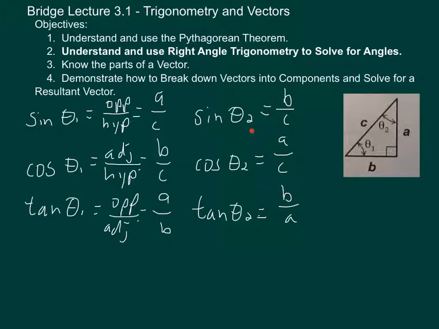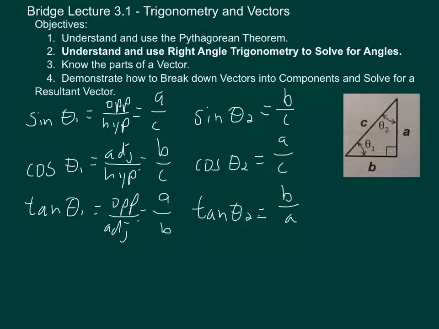The sine of theta 2 is also opposite over hypotenuse. We have cosine of theta 1, adjacent over hypotenuse, cosine of theta 2, which is adjacent over hypotenuse, that's a over c. Now if you look at this, the cosine of the opposite angle is the same as the sine. So cosine of theta 2 is exactly the same thing as the sine of theta 1. Cosine of theta 1 is the same as saying the sine of theta 2.